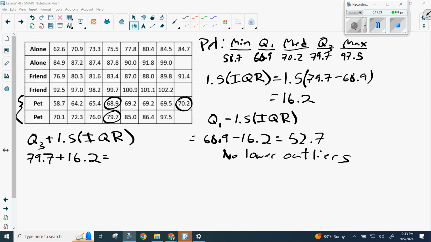It is 95.9. Are there any values in our distribution above 95.9? Heck yeah, there are. All right, so this one is an outlier. So we will say 97.5 is an outlier.